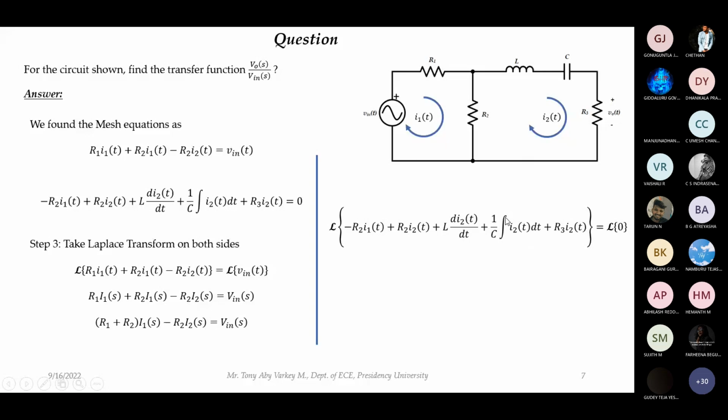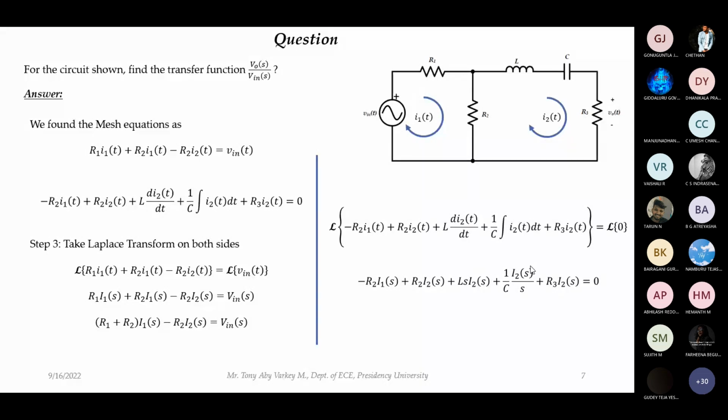Laplace transform of integral of I2 of t dt will be I2 of s by s. So the total Laplace transform of this equation will become: minus R2 into I1 of s plus R2 into I2 of s plus Ls into I2 of s plus 1 by C into I2 of s by s plus R3 into I2 of s equal to 0.